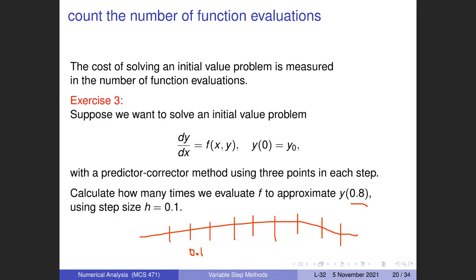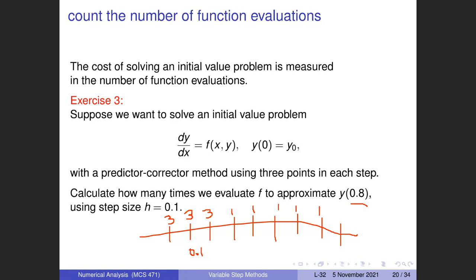I'm actually doing this exercise now. To compute the value here, you are using 3 function evaluations, and 3 function evaluations also here. So let's start like this. You did 3, and then we do 1, 1, 1, 1, 1. And here we then get to the 0.8 value.